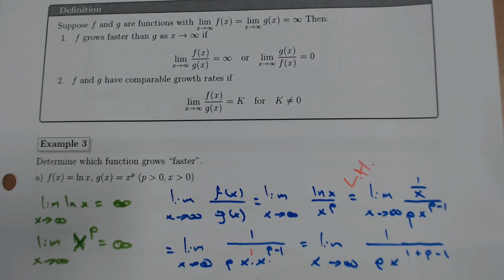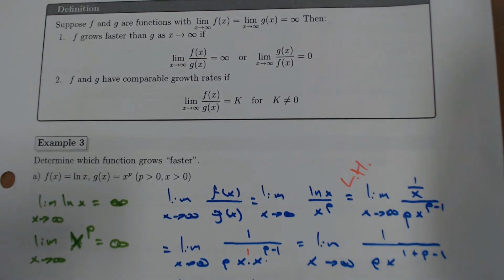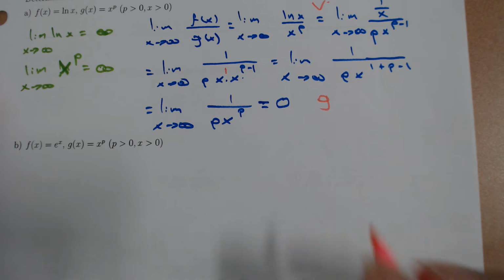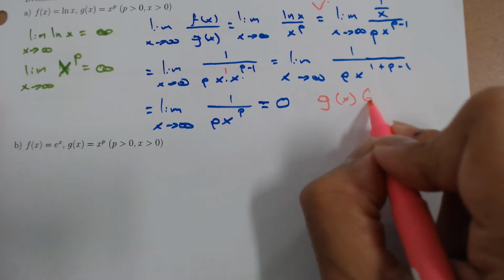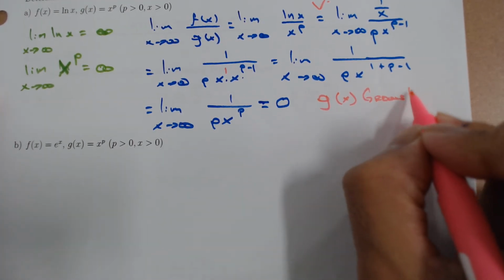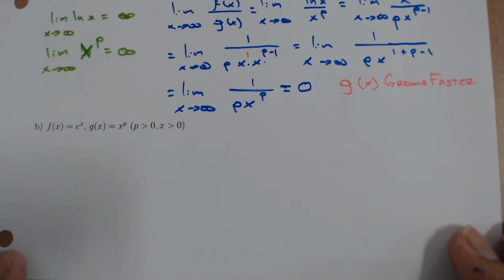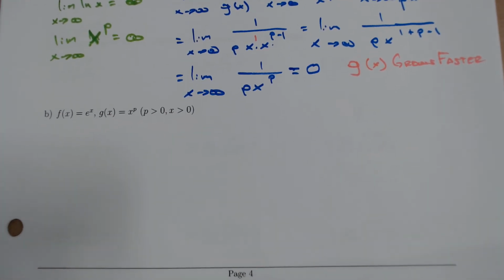In this case, it's the g of x. Whoops. Grows faster. All right? And well, of course, between the exponential function and the polynomial function, well, that one just gets really steep for smaller values of x, except for negative values of x.